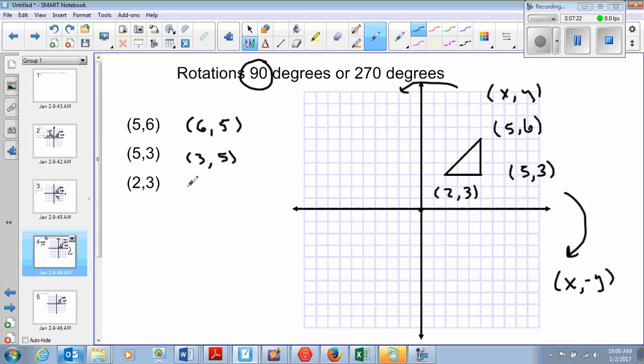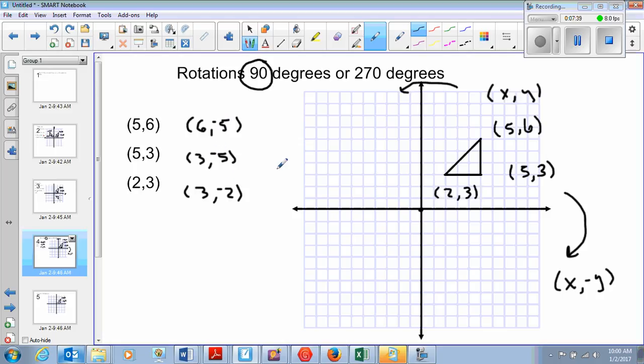And instead of 2, 3, we're going to have 3, 2. Now again, remember, we're going from positive x, positive y, to positive x, negative y. So I need to change the signs of all these y values.